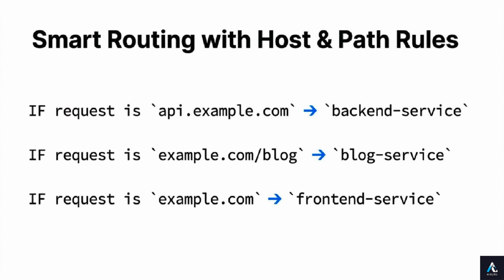Ingress gives you several powerful benefits. Smart, flexible routing, so traffic always reaches the correct service. Clean URLs and real domains, making your application look professional and easy to access. Centralized HTTPS termination, meaning TLS is handled in one place instead of across multiple services.